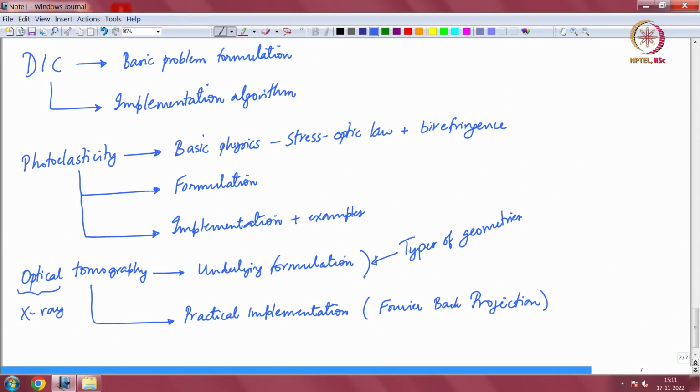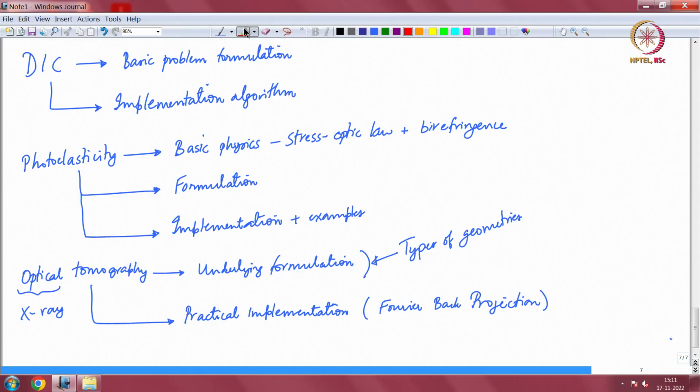The mathematics changes a little bit depending on which geometry you use. Basically this tells you whether your source is a cone beam source or a parallel beam source. But the scheme of reconstruction and interpretation remains more or less the same irrespective of geometry. So, some of those details will come out, and at the end of it hopefully you will have a better understanding of how tomography works and what you can do to make it better in general.